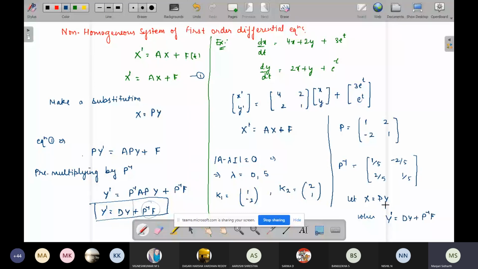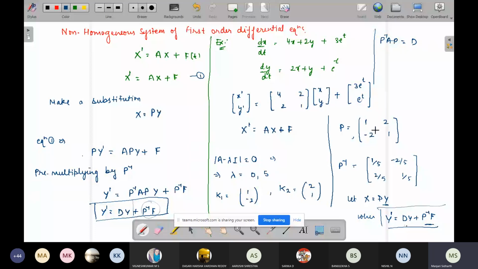That means we'll find y using this. When we make this substitution, we'll get this. Now for this, we need to find P inverse F and D, so let us substitute all these values. You know how to find D: P inverse AP gives D. Once you have mentioned P and P inverse, there is no need to calculate.